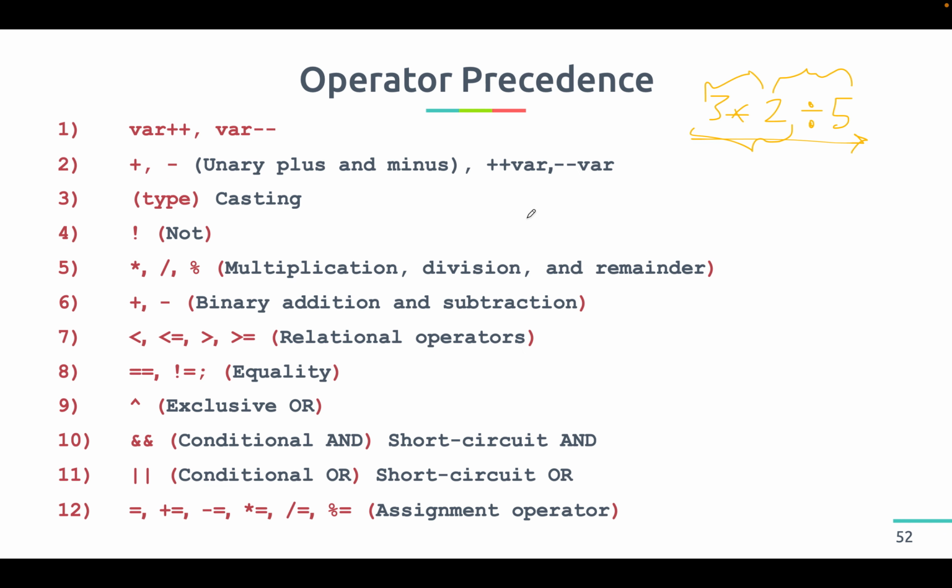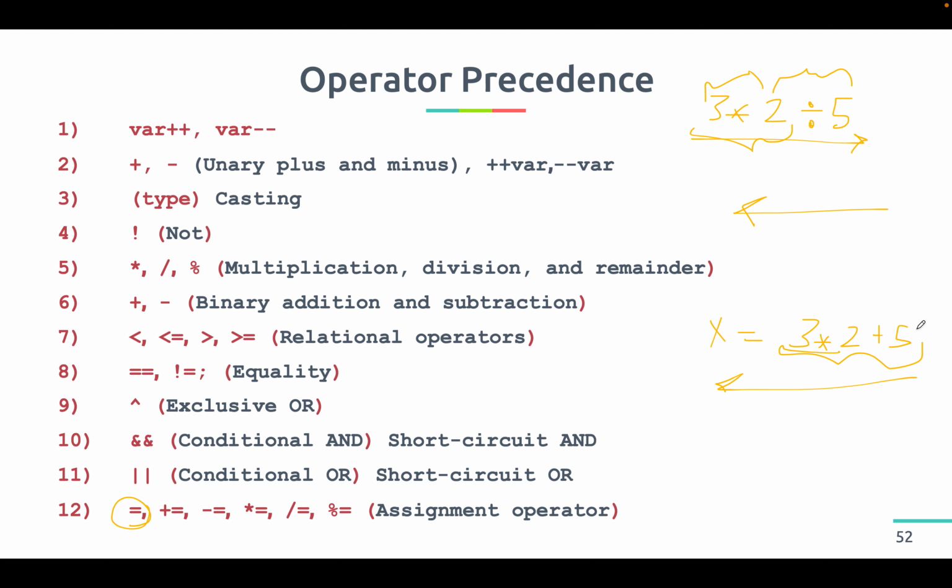There are some operators that go from right to left. A good example is the assignment operator. So for example, if I have x is equal to 3 times 2 plus 5, I always execute whatever is on the right side before I execute the left side.